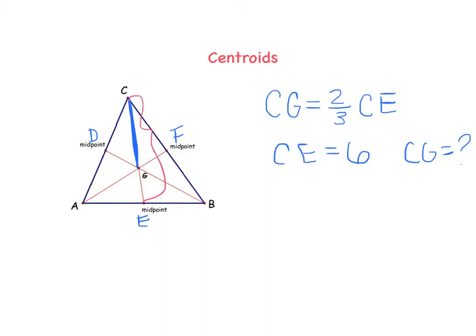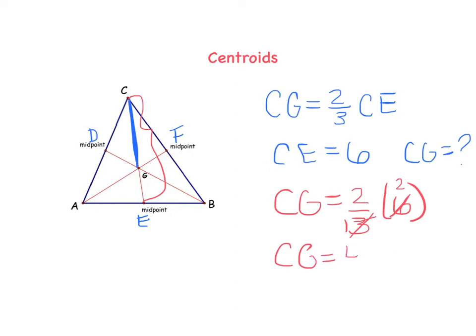So we can say that CG equals 2/3 of 6. Now I know that 6 is divisible by 3. It goes in twice. So we have CG is equal to 4.